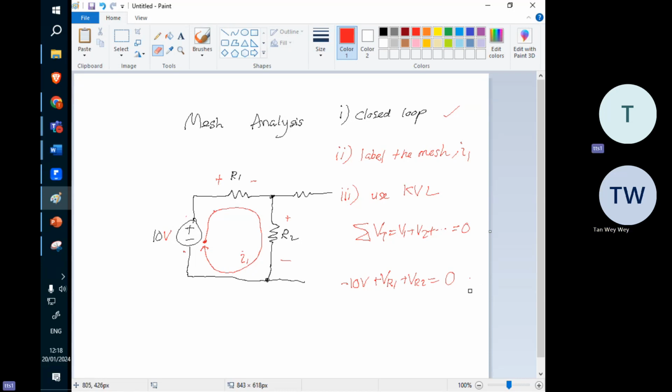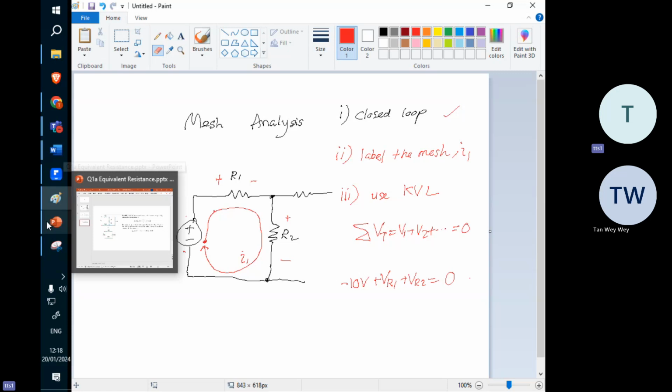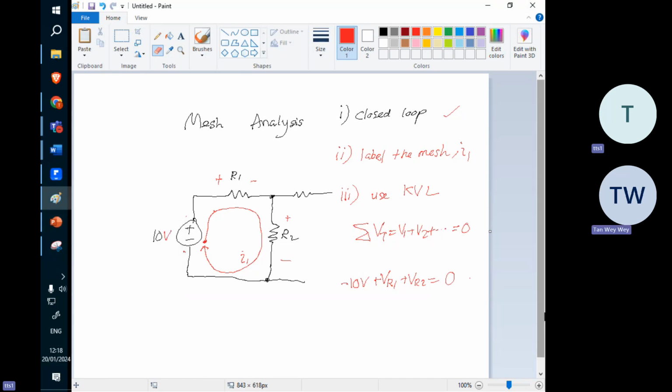Okay or not? You clear about this? If you're not clear, you let me know, I can explain it further. Which part are you confused? The VT equals V1 plus V2?